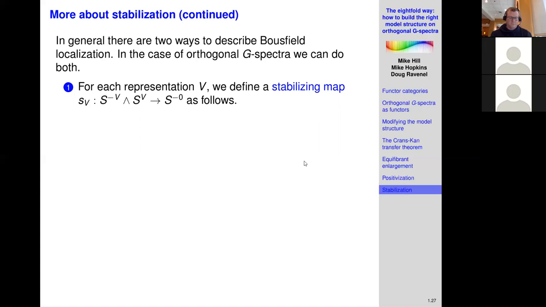Now let me point out that S minus V here is a spectrum defined earlier. S upper V is a space, the one-point compactification of V. I'm allowed to smash a spectrum with a space and get another spectrum. And I'm defining a map from that spectrum to the sphere spectrum as follows.